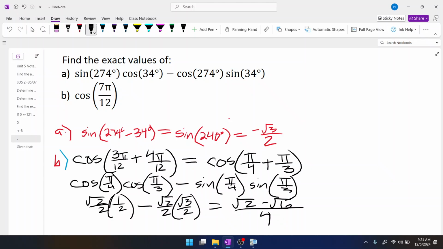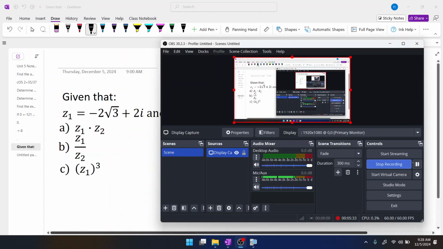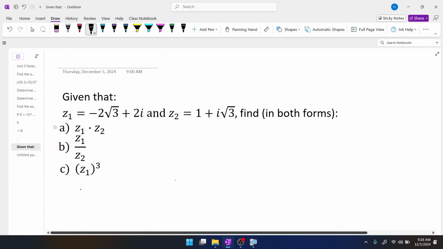All right, so with that in mind, let's try this one. The sheet's going to be 2 pages. Z1 is going to be 4 cis 150 degrees, and Z2 will be 2 cis 60 degrees.